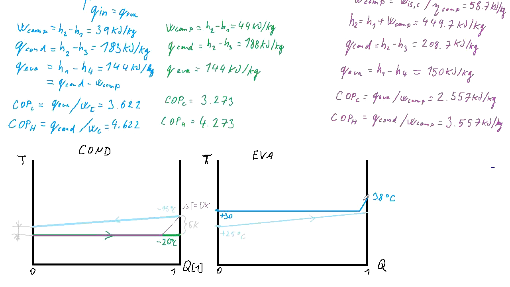Therefore, we had the green cycle, which was condensing at higher temperatures, higher pressures, specifically the inlet was at 48 degrees C and the condensation was at 35.